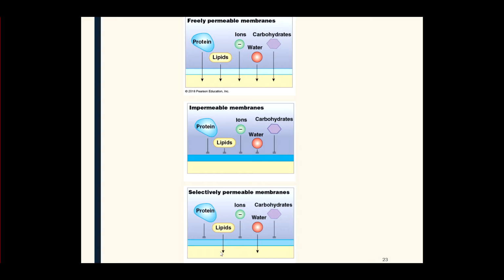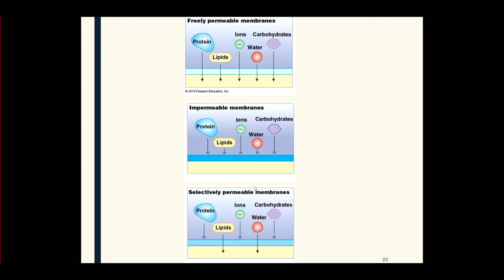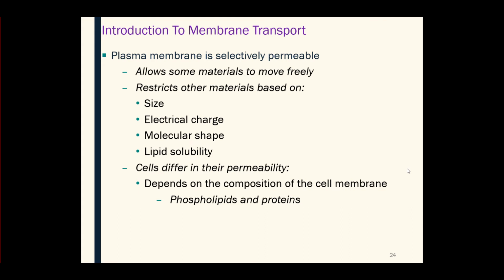It's a good diagram showing us the three types of permeability. Again, impermeable, nothing. Freely, everything. And somewhere in between impermeable and freely permeable is selectively permeable. And most cell membranes are indeed selectively permeable.